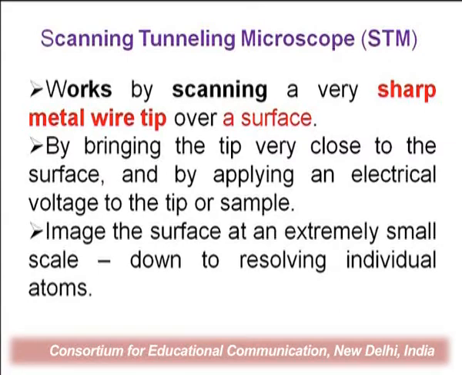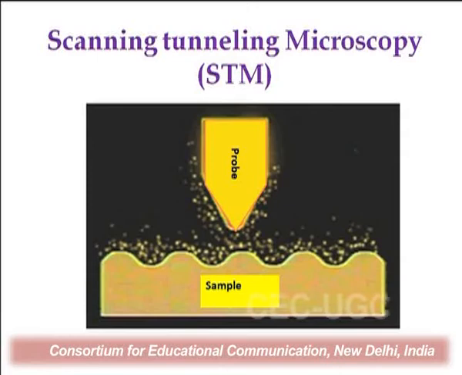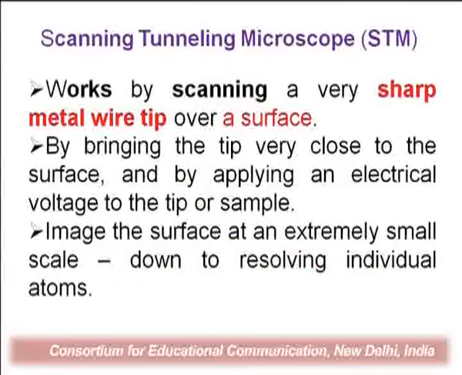Now a scanning tunneling microscope works by scanning a very sharp metal wire tip over the surface. This probe, that is the tip, is very sharp so that it can move over the surface. By bringing the tip very close to the surface and applying an electric voltage to the tip or the sample, we can change the position of the tip.